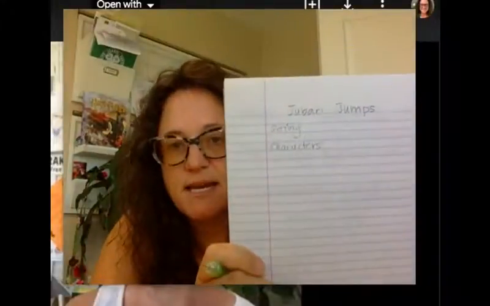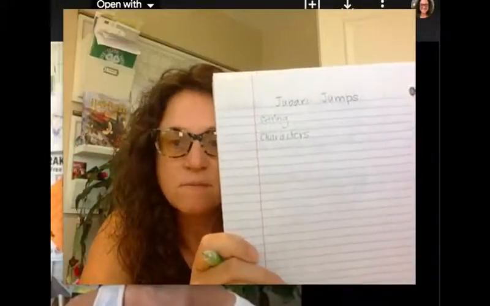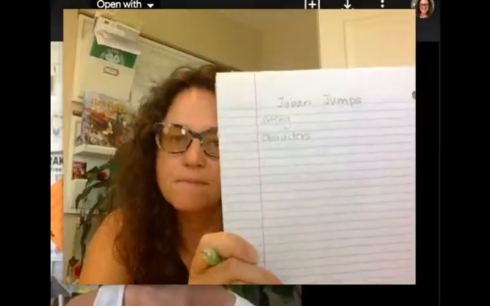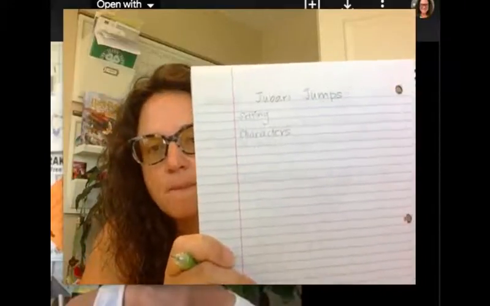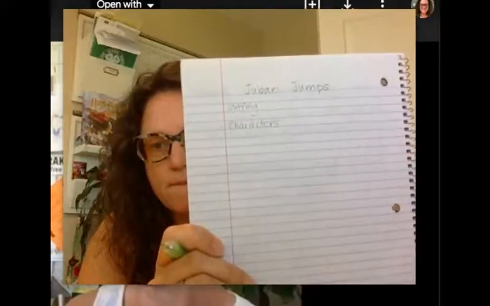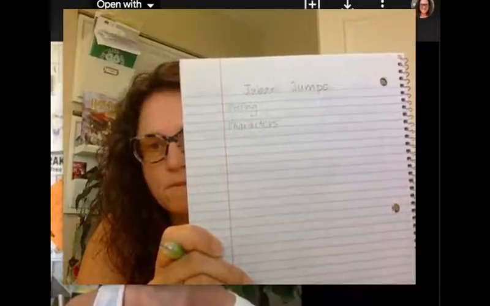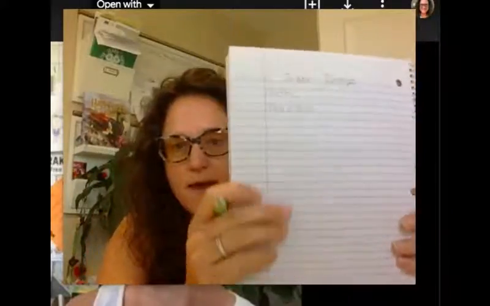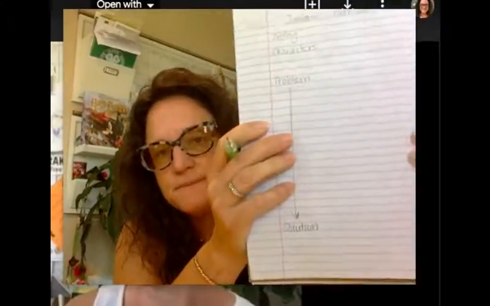So we've got setting and characters. What comes next, Gabby? The problem and solution. Okay, the problem, and then zoop to the solution. So we've got problem, solution. Thank you, Gabby.